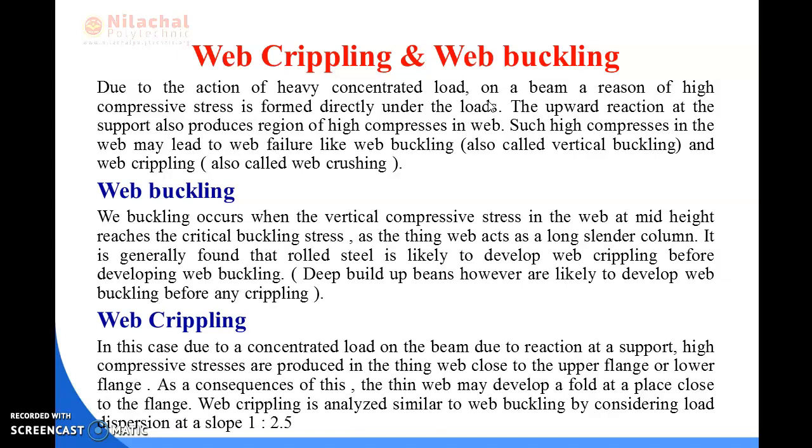While the load is acting on the top surface of the flange, the failure in the web portion is more than in the flange, because the cross-section area of the web is much smaller than that of the flange. That's why this kind of failure occurs in the web only instead of the flange.